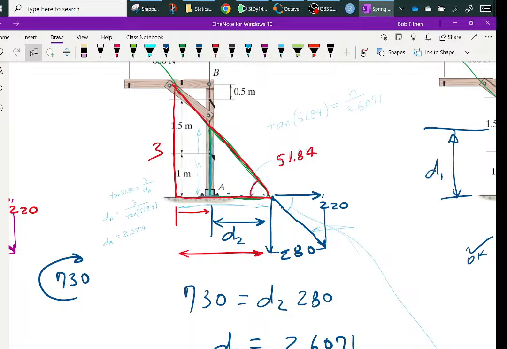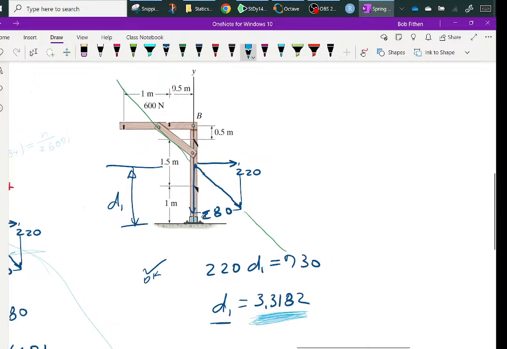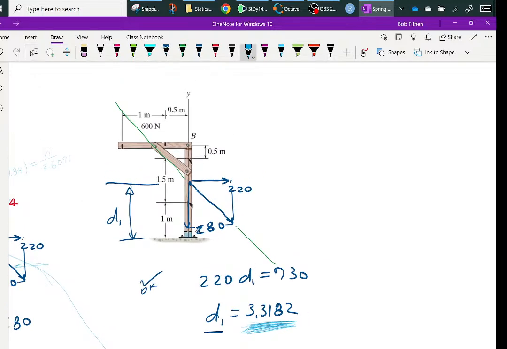Oh, you know what? That is right. The reason that's right is because the angle was such that, okay, let me draw this to scale.